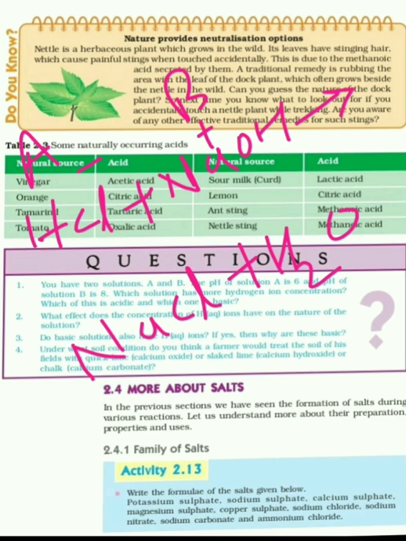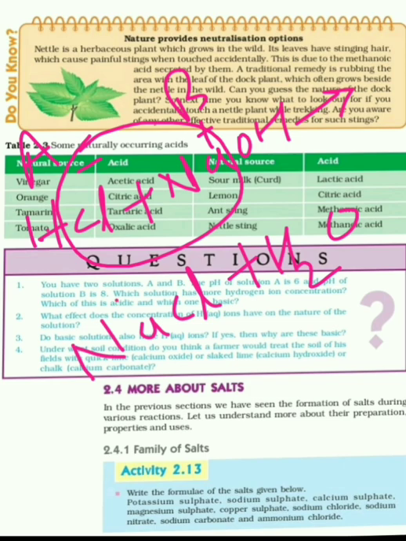It is a double displacement reaction, because in this reaction the exchange of ions takes place between acid and base. So the salts are formed due to a double displacement reaction between acid and base.